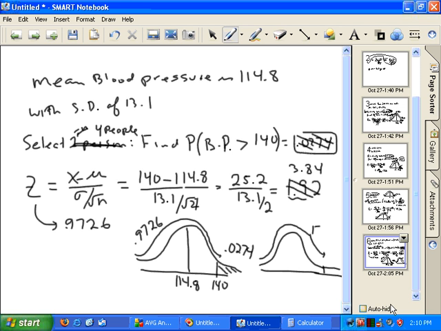So now the answer is not like 2.74%. It's going to be less than 1%. It's going to be less than a tenth of a percent. It's going to be 0.00003, something like that. So the probability is going to go down when we do 4 people.